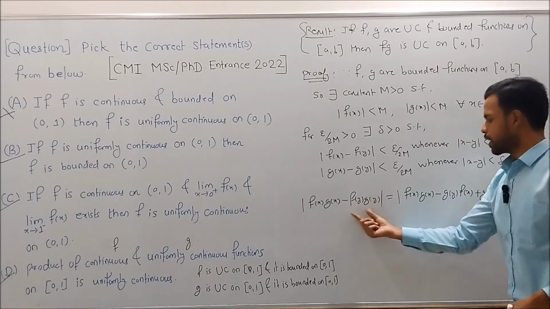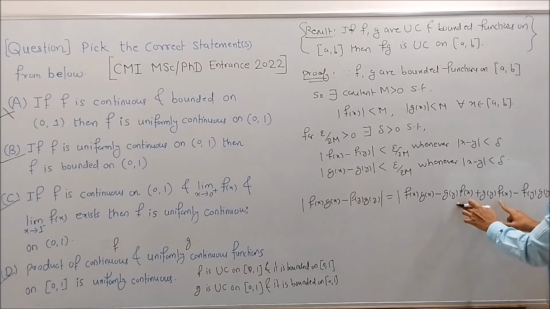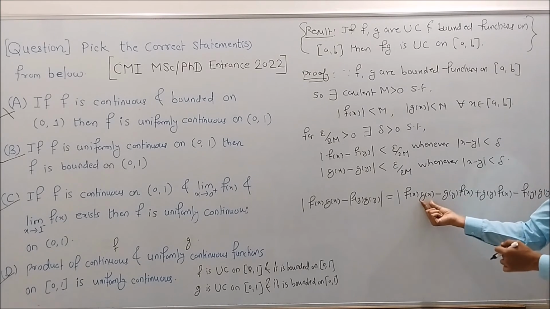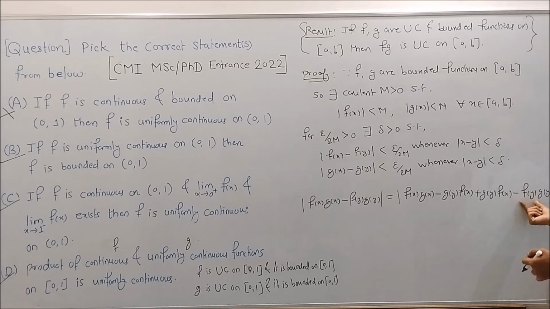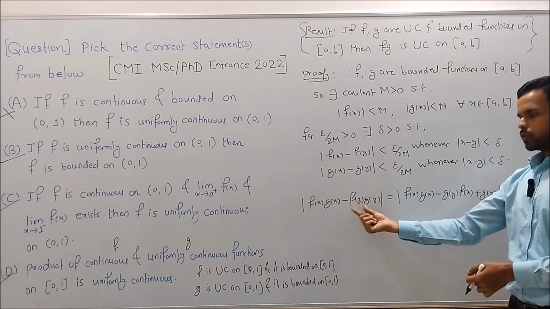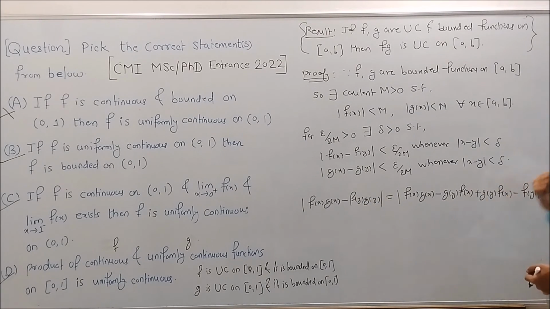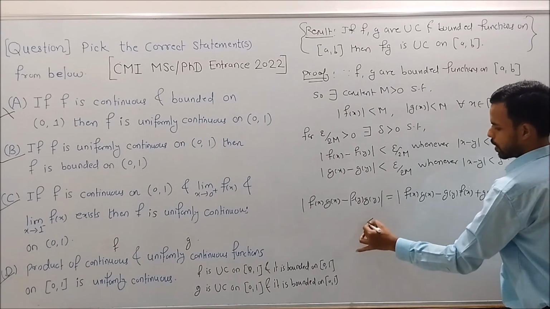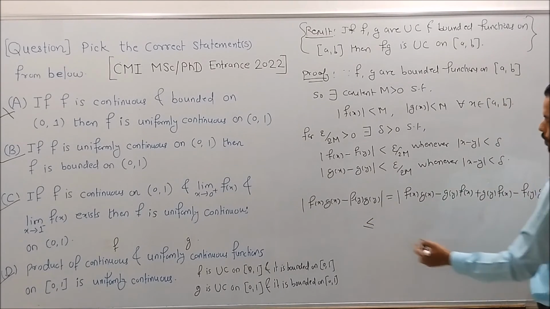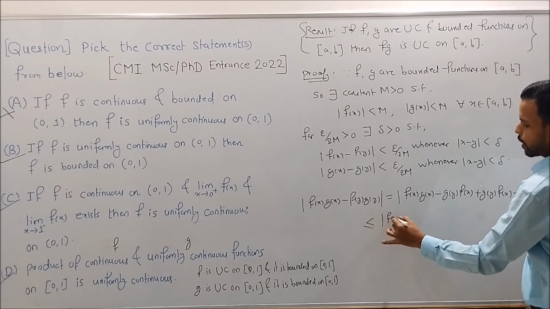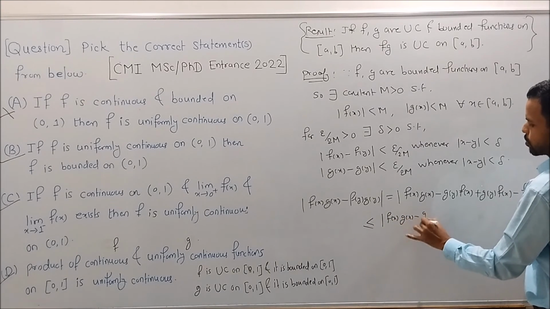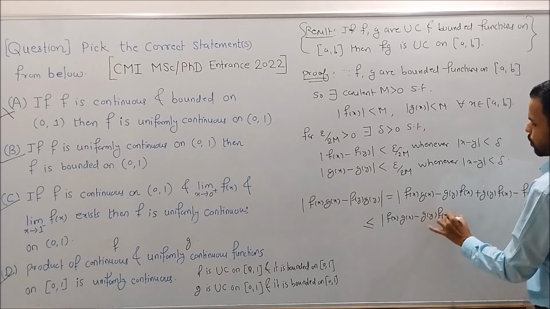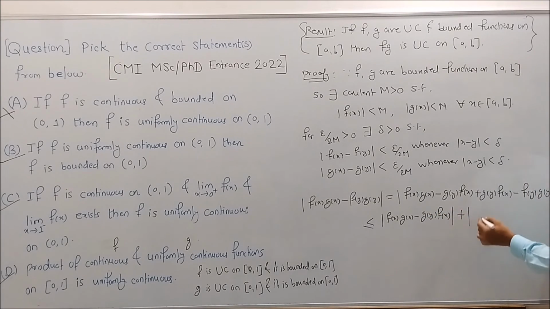Clearly, left hand side equals right hand side because the extra terms get cancelled, and what remains is f(x)g(x) minus f(y)g(y). By the triangle inequality of the absolute value function, this is at most mod of f(x) times mod of g(x) minus g(y) plus mod of g(y) times mod of f(x) minus f(y).